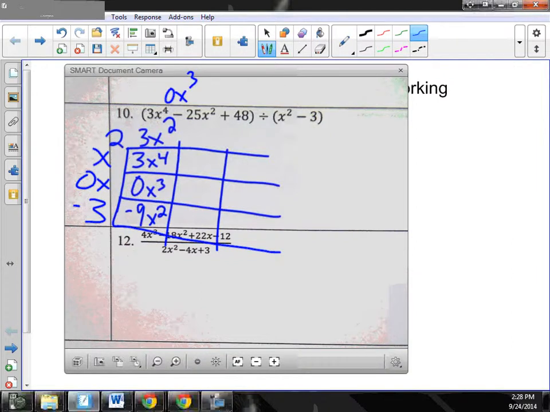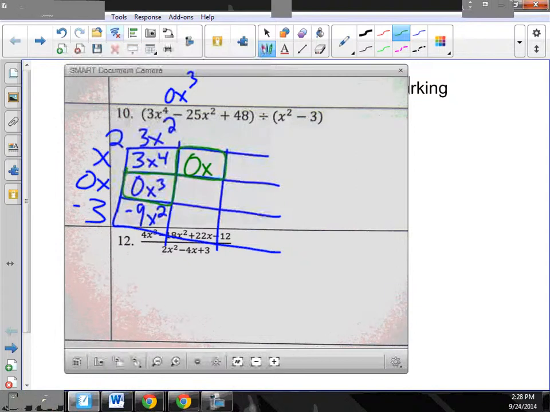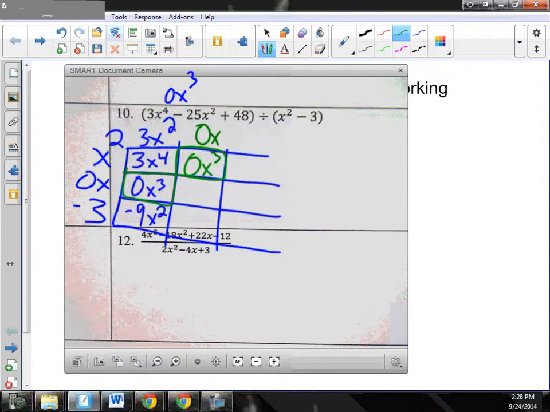I need 0x to the third, right? So this, let me draw the diagonals. These two boxes need to sum to be what? 0. So how much more do I need? 0. Well, x squared times, or how many times does x squared go into 0x to the third? 0x times.